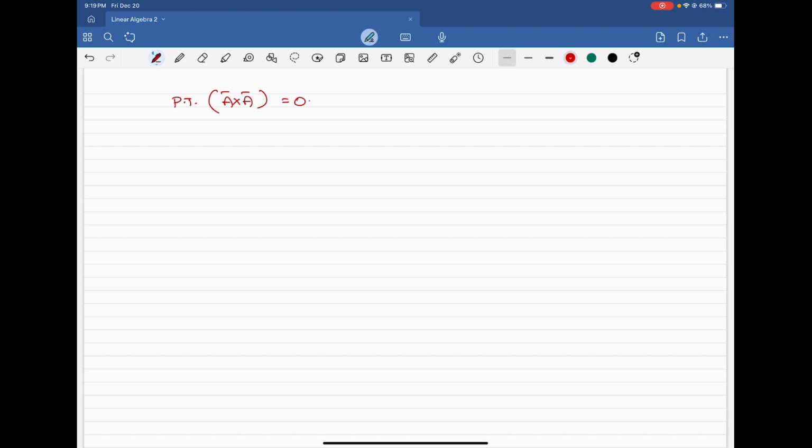How to prove it? Don't go by the definition that A cross A, because it is a cross with the same, sin theta, sin 0 is equal to 0. That's one method. Using Levicivita, here we are doing Levicivita and Kronecker delta.